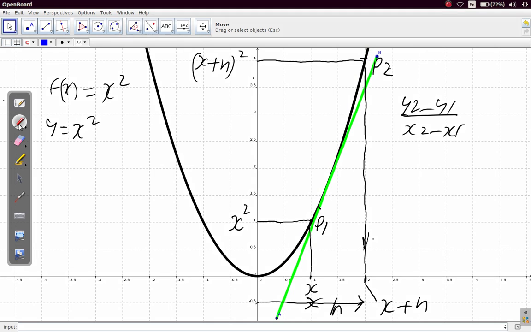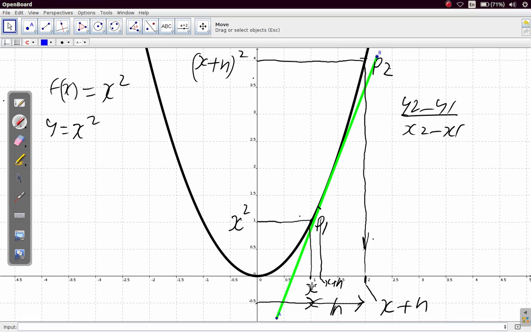And being that P2 is closer to P1, the h that we had before gets smaller. So x plus h would end up here. The closer we put P2 to P1, the smaller h would be.